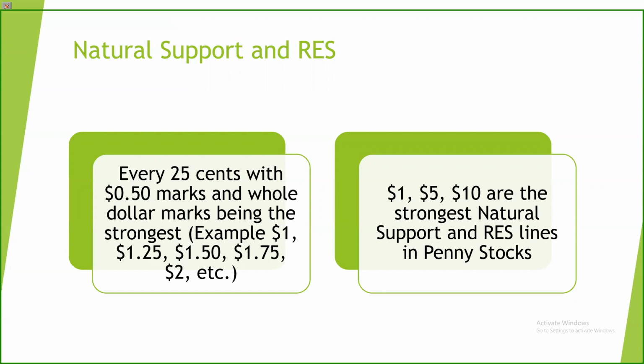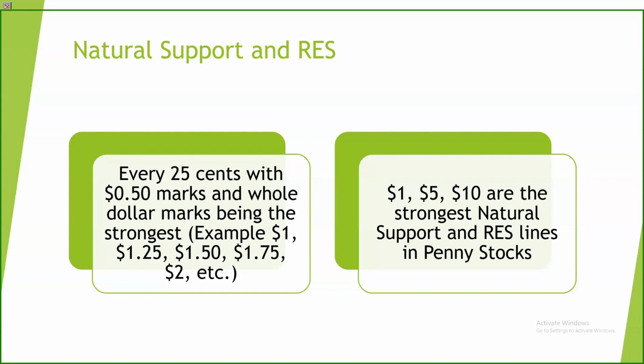Let's say we have a stock and it's currently at $1.60 and it starts falling back down. Where's our support line due to natural support? $1.50. Let's say it cracks $1.50 and it starts falling, right now it's at $1.42, and now it's at $1.38. Where's the next area we could get a bounce play at? $1.25. Now let's say the stock is spiking.